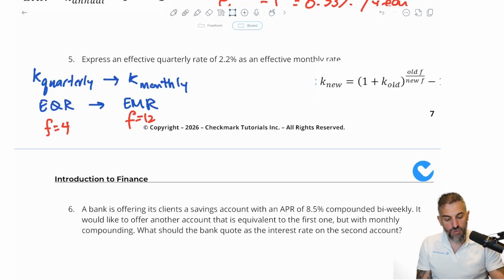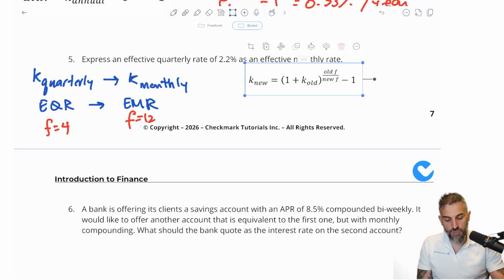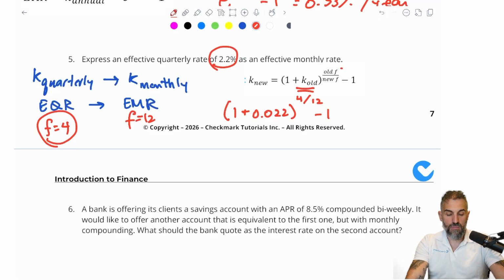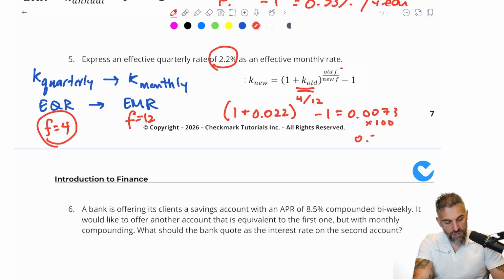This is a very, very useful formula anytime you want to change a rate from one frequency to another. So 1 plus the old K, the old rate, which is 2.2%, 0.022, to the power old F divided by new F, minus 1. So you get about 0.0073, which if you multiply by 100 is 0.73% per month.